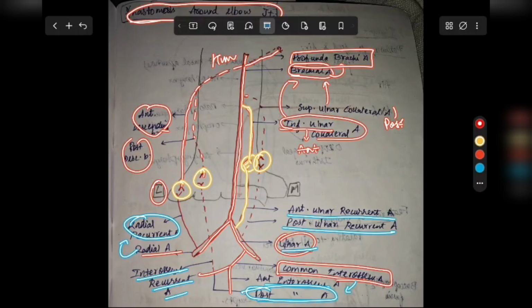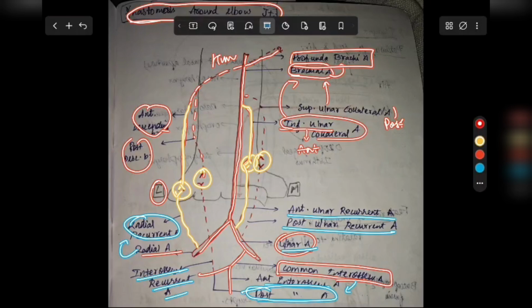Next, another anastomosis is between the anterior descending branch, which is a branch of the profunda brachial artery, and the radial recurrent artery. This is the second anastomosis present on the anterior side of the elbow joint.